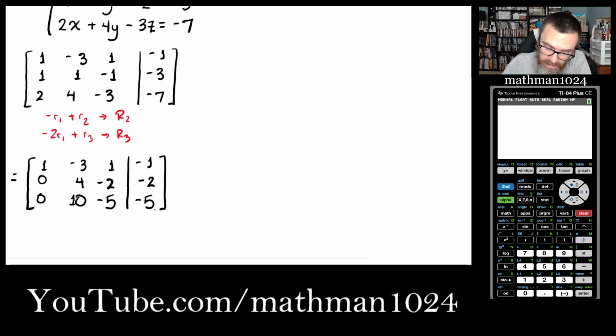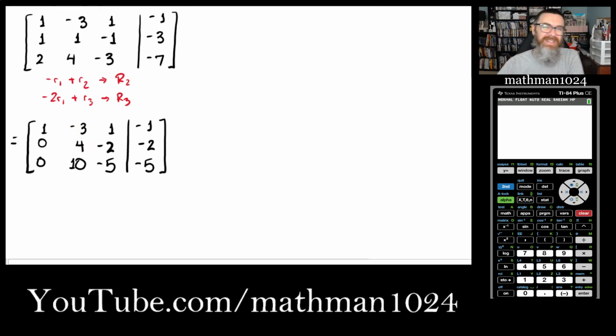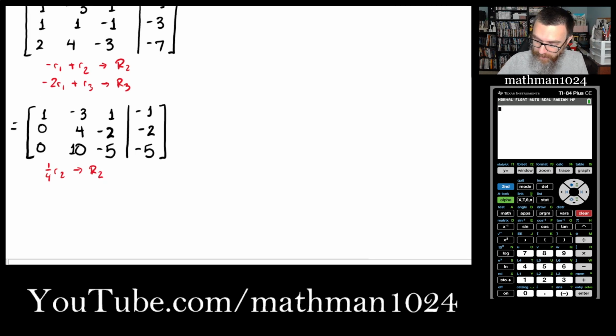All right, so we need to get this guy here to be a 1. There's no way to combine things so we can turn that into a 1 like we did in a previous example, so we're just going to have to suck it up and do this. Do 1/4 row 2 and replace it.